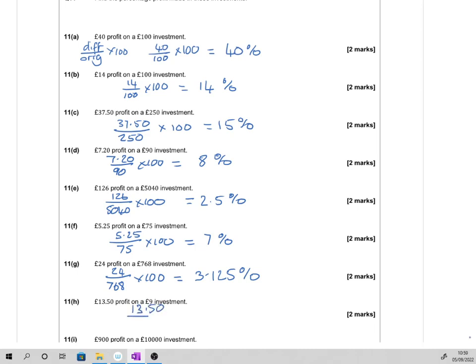1350 divided by 9 times 100. Oh, this is good. 1350 divided by 9 times 100 equals 150%.